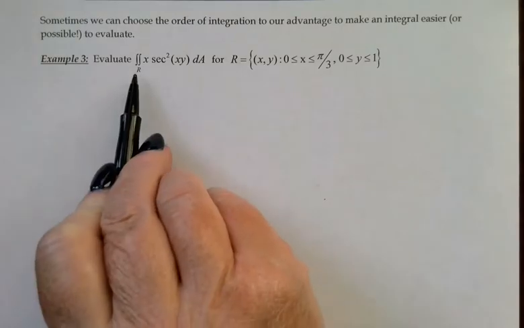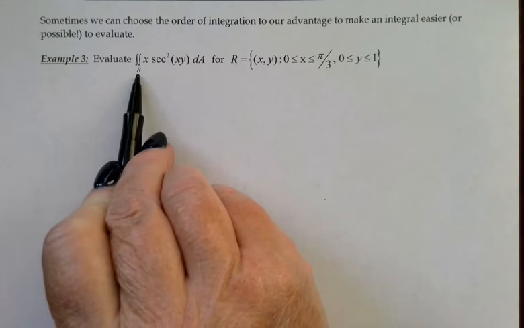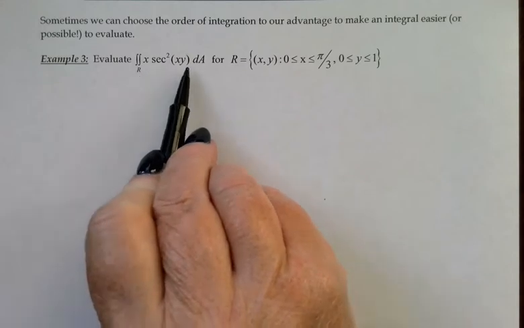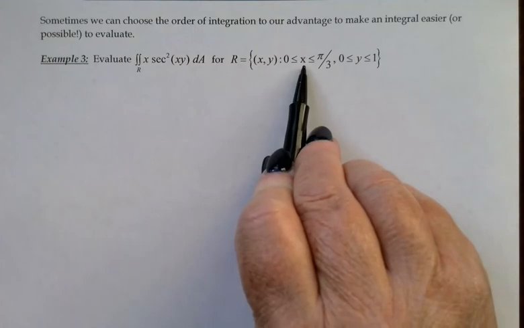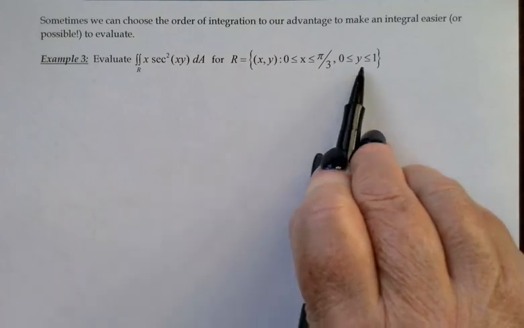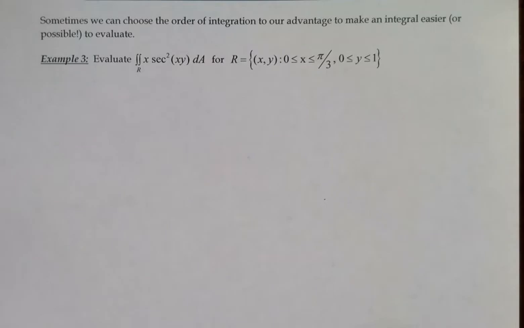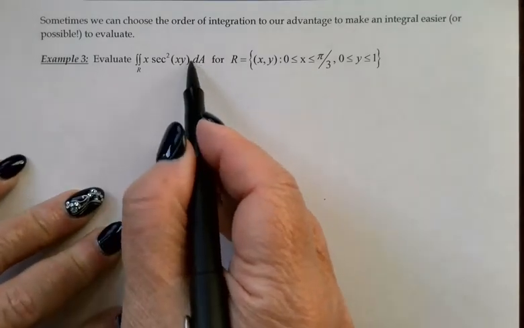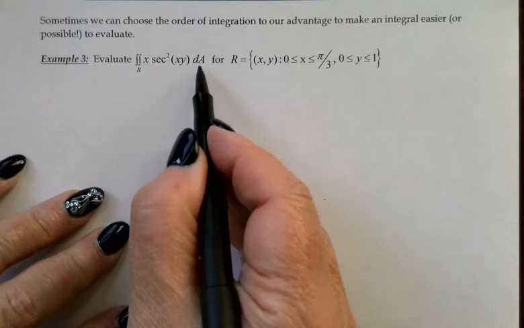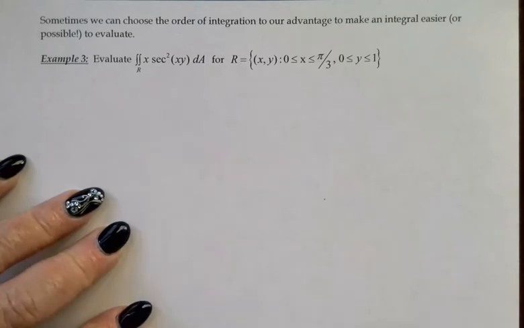Suppose I'd like to evaluate the double integral over the region R for this function, and R is the rectangle where x goes from 0 to pi thirds, and y goes from 0 to 1. Now, as I look at this, the differential here, dA, could be either dx dy or dy dx.